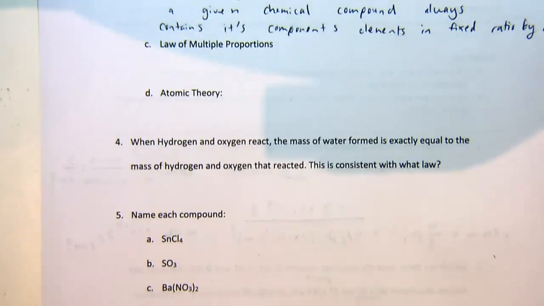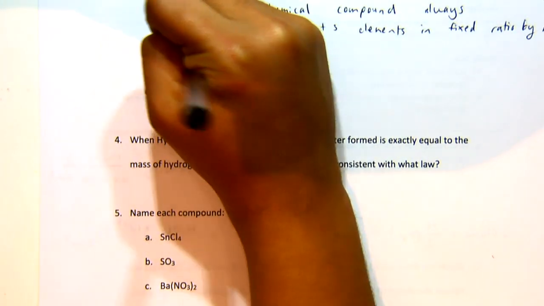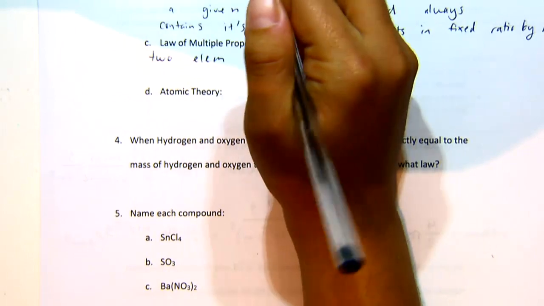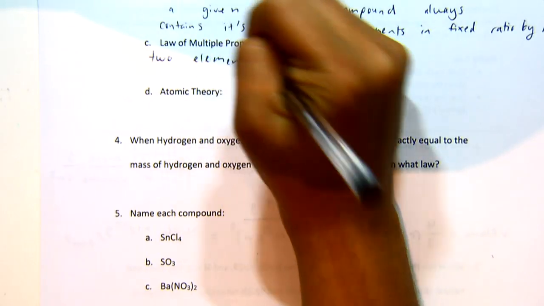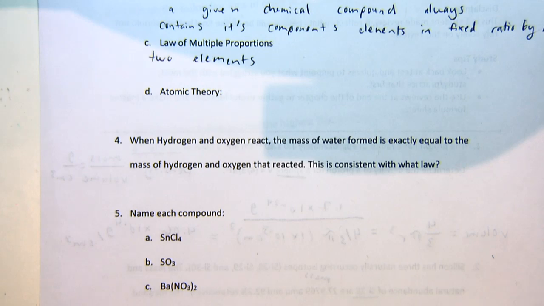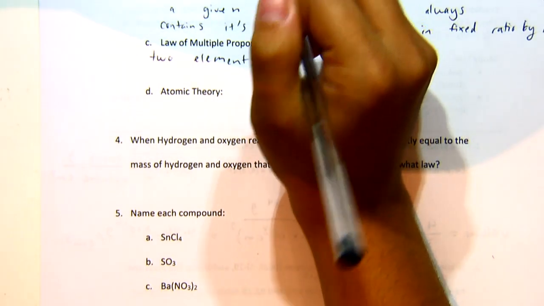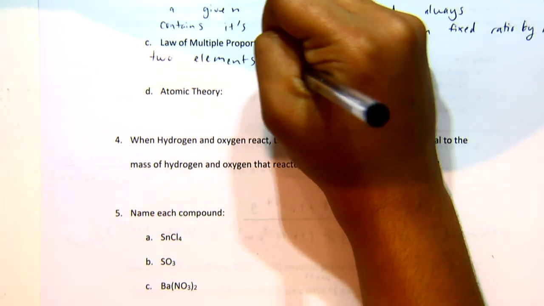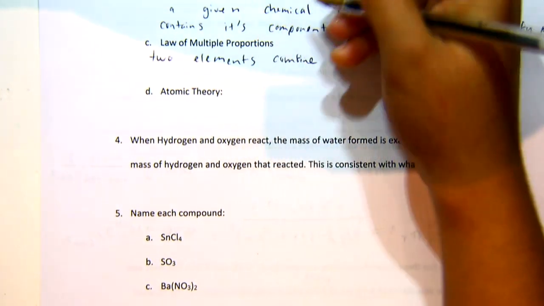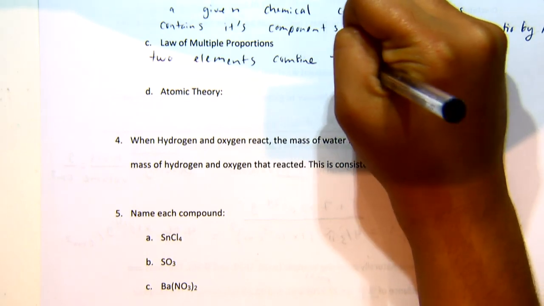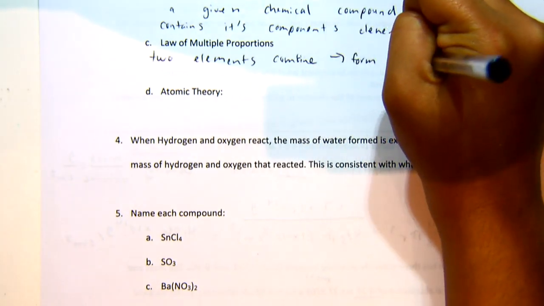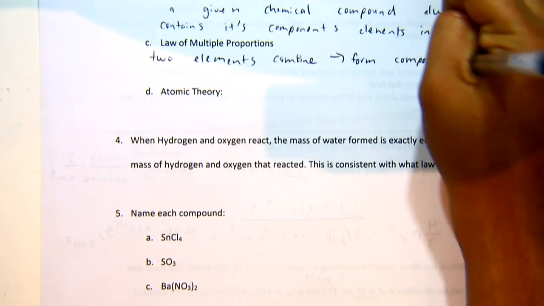And then our law of multiple proportions tells us when two elements combine with each other to form more than one compound, then the ratio of masses will be the ratios of small whole numbers. So we have two elements combining. They form a compound. So what do we know is going to happen?